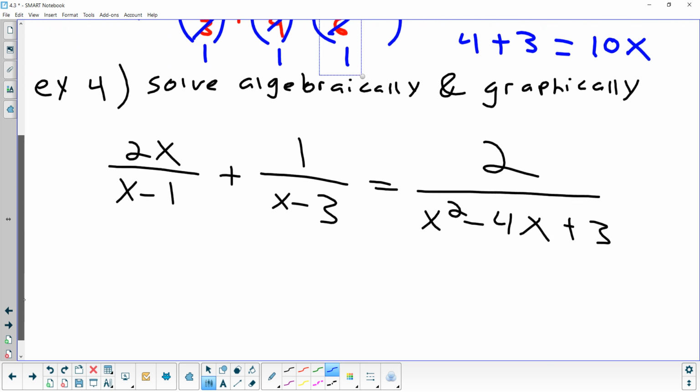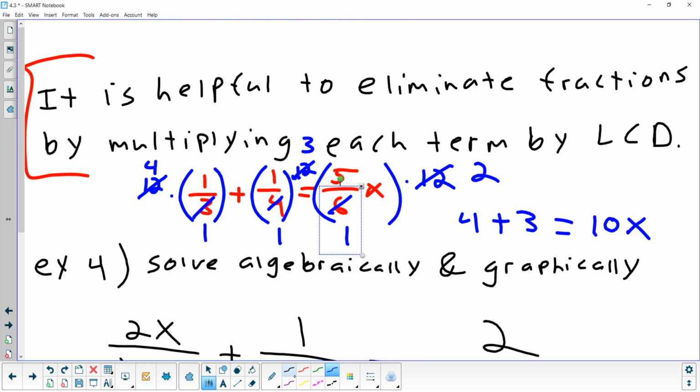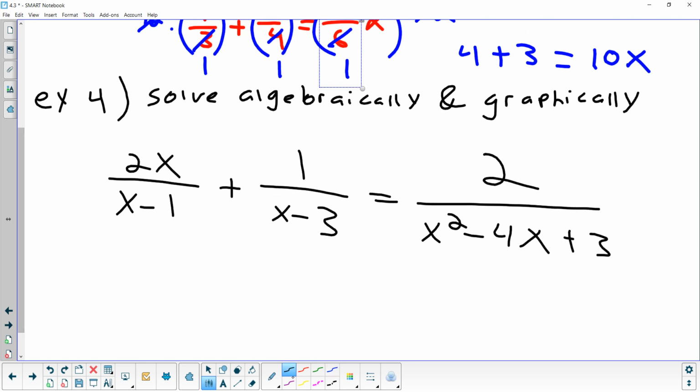So I have 2x divided by x minus 1 plus 1 divided by x minus 3 equals 2 divided by x squared minus 4x plus 3. And I'm going to give you a hint on the right-hand side. Try doing that and watch what happens. Does anybody see how the quadratic on the right-hand side would factor?